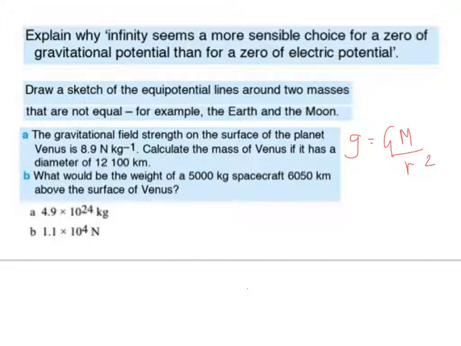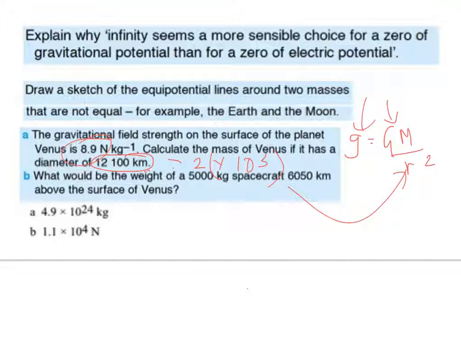But be careful because this is a diameter. Divide this by 2 and don't forget the times 10 to the 3, because it's in kilometers. So really what we're looking at is half this value times 10 to the 3 to plug in for R and square it. The rest of the information, we have the gravitational constant, and we also have g, which is 8.9.